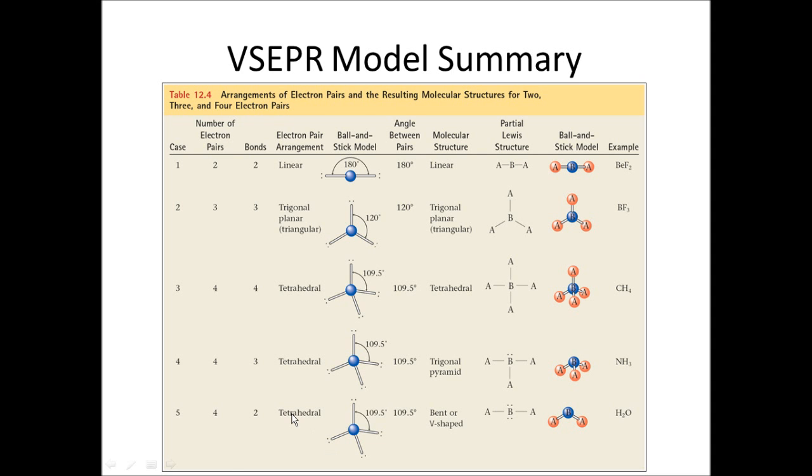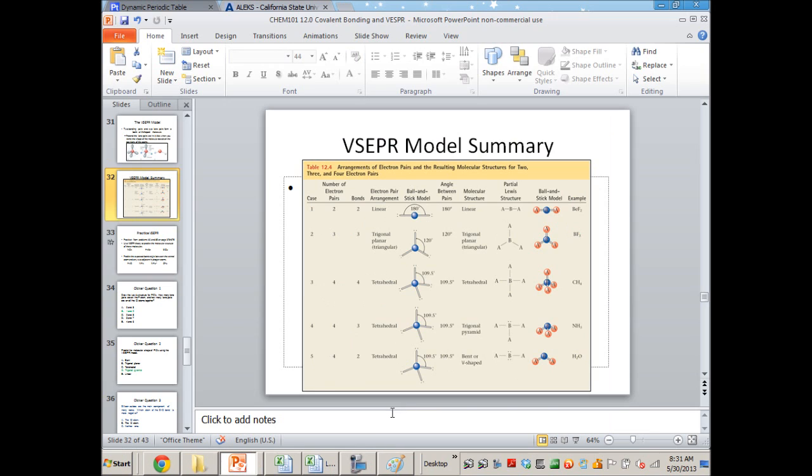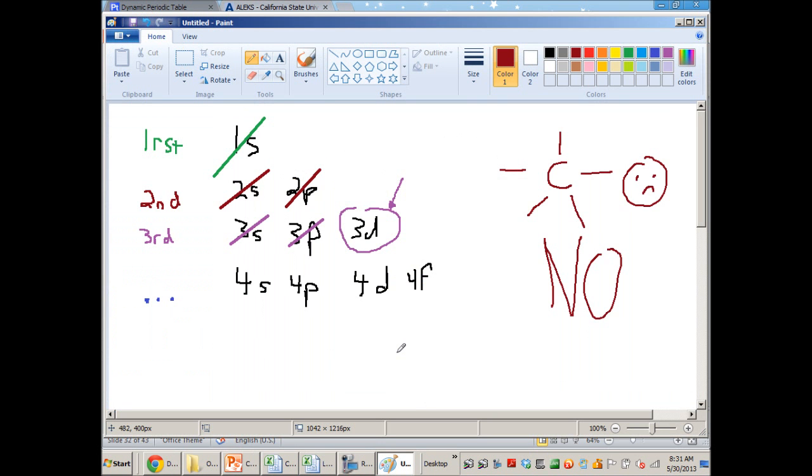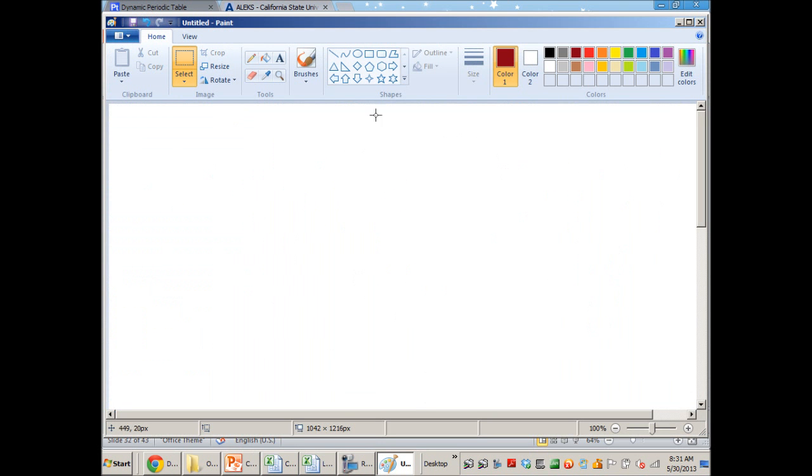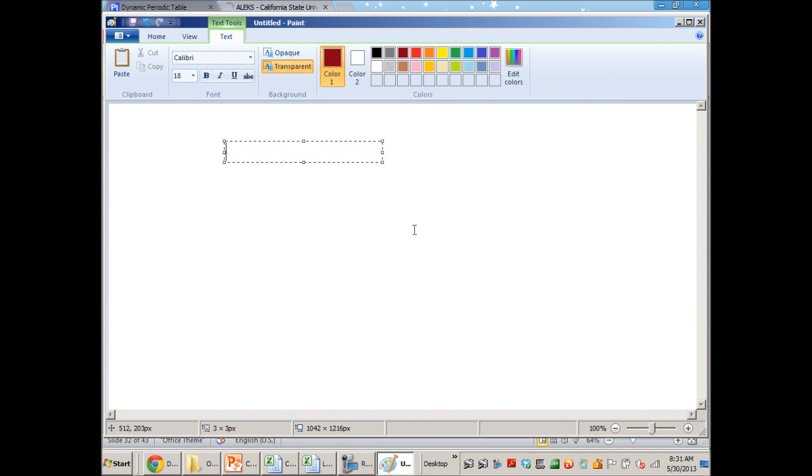There are two more that I don't have on this slide, so I will now produce them for you. For the number of places that you find electrons, we have 1, 2, 3, 4, 5, 6, and that's good enough for me.